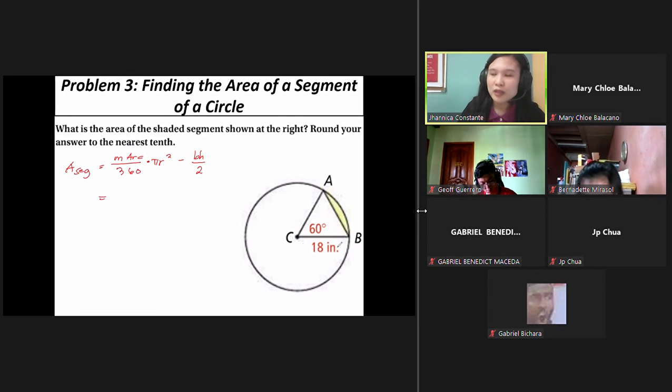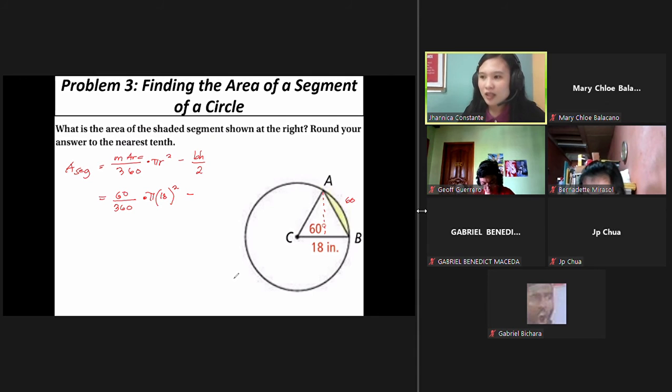So our measurement of the arc is the same measurement as our central angle, so it's equal to 60 degrees. So 60 divided by 360 multiplied by pi and our radius, which is 18 inches squared, minus the base and the height of the triangle. So since the triangle is not a right triangle, we need to find the height. Kailangan hanapin muna si height of our right triangle.